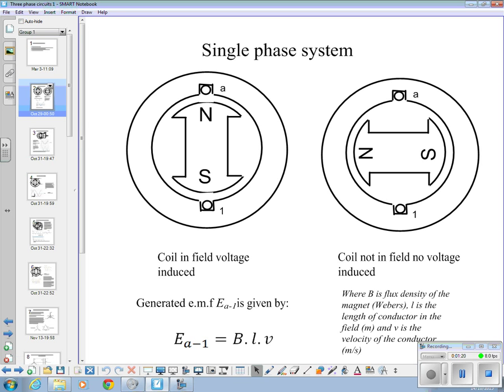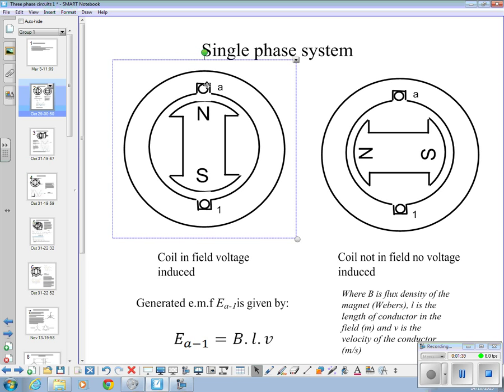So first of all, it's useful to look at a single-phase system, where in its simplest form we'd have one winding inside our generator, from here and here as a winding.